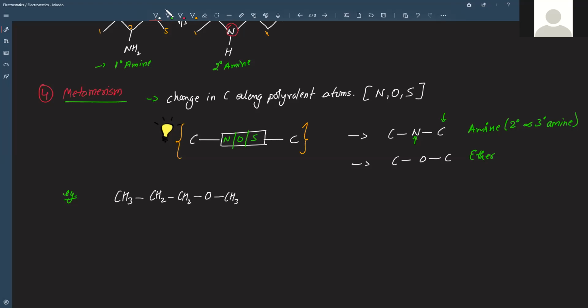It can be like this, or it can be CH3, CH2O, CH2, CH3. So the functional group is same, and only the position of the functional group has changed.